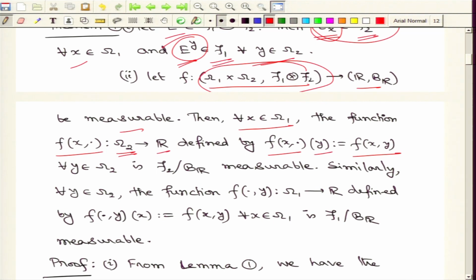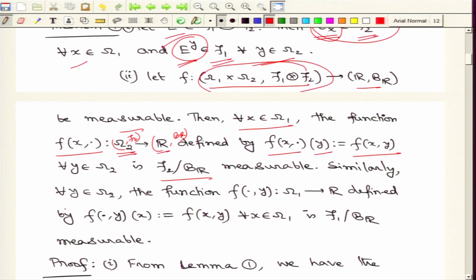And we claim that this function f(x, ·) must be F2 over Br measurable, meaning it is measurable with the domain side measurable space (omega 2, F2) and the range side measurable space (R, Br).